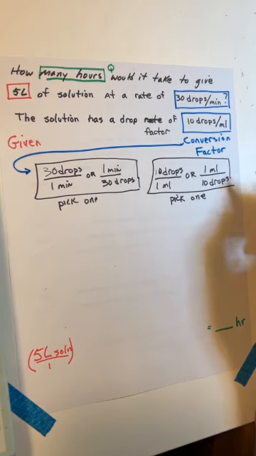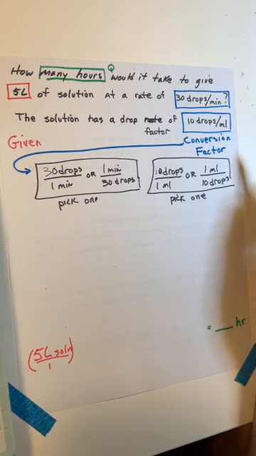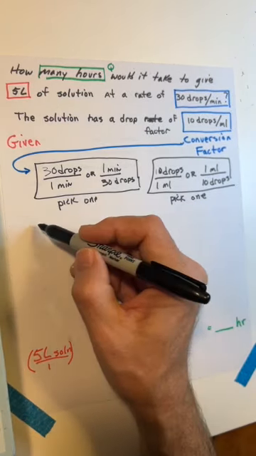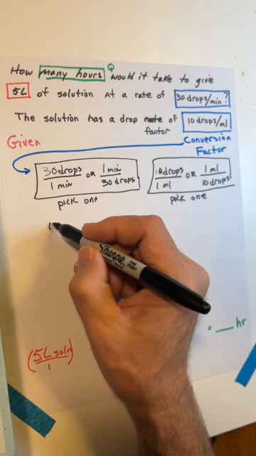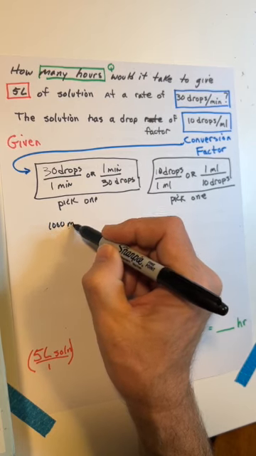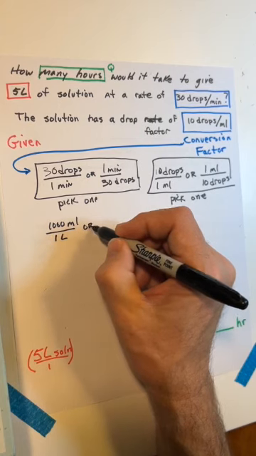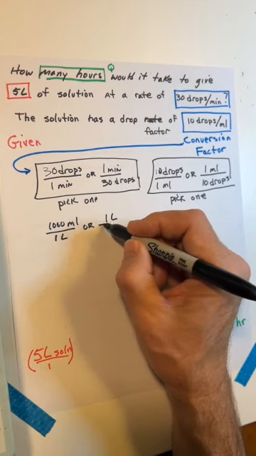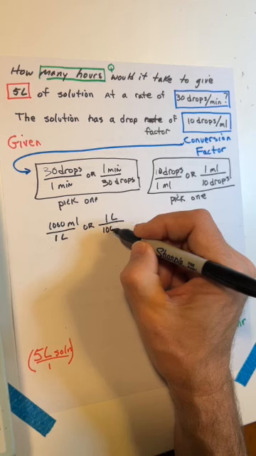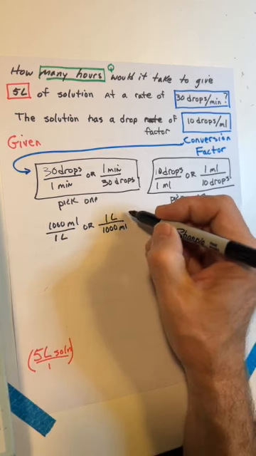Now, in these problems, many times you'll have to know to use the conversion factor of 1,000 milliliters over 1 liter, or 1 liter over 1,000 milliliters.